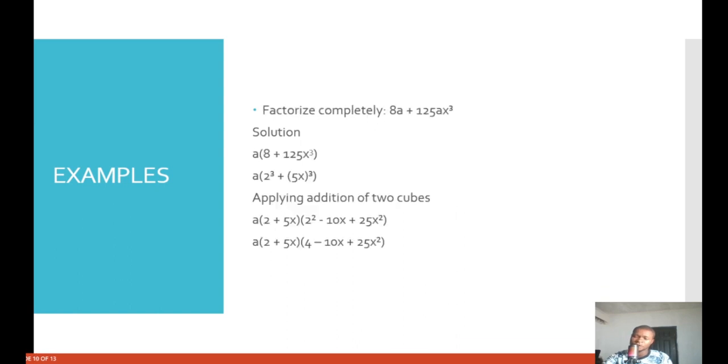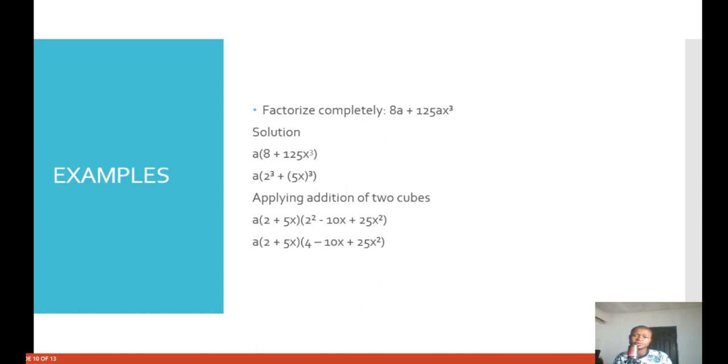So here we have another thing for us. We can pause this one, check how far we can go as far as factorization is concerned, and make use of the examples that we have been dealing with before. Here we put on your screen 8a plus 125a cubed.